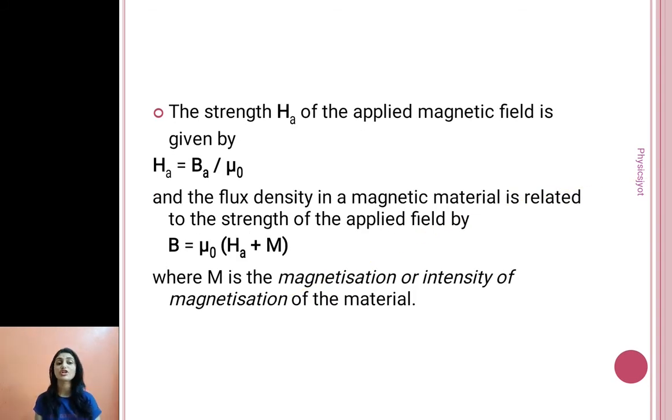The strength Ha of the applied magnetic field is given by Ha equals Ba upon mu 0, and the flux density in a magnetic material is related to the strength of the applied field by B equals mu 0 into (Ha plus M), where M is the magnetization of the material.